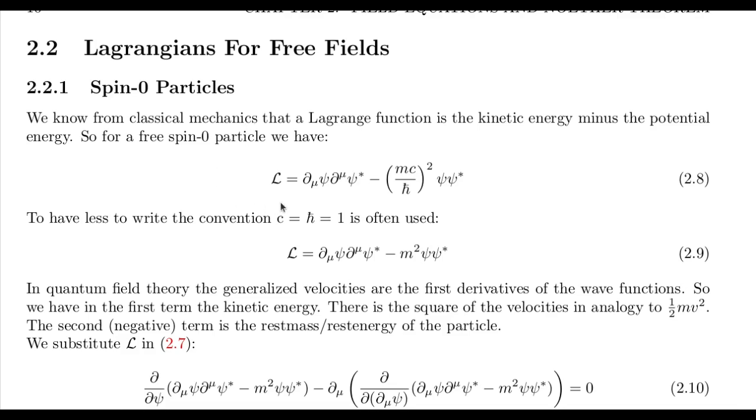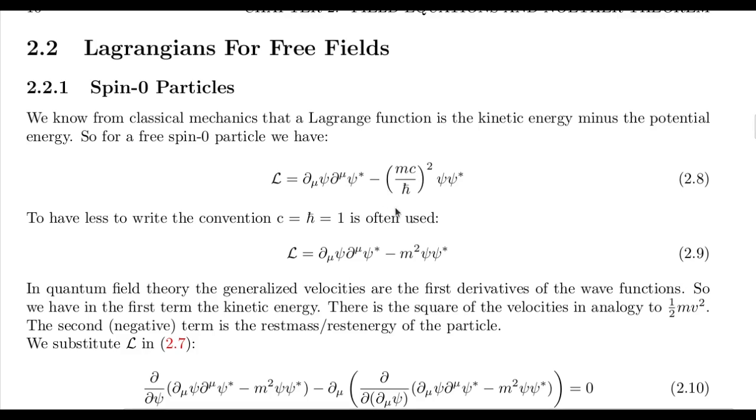Yeah, we know from classical mechanics that the Lagrange function is in general the kinetic energy minus the potential energy. And so for a free spin 0 particle, we write L is equal to, instead of the velocity, the derivative of the coordinates, we have here the derivatives of the fields psi. And we have psi and psi star, that is the complex conjugated one.